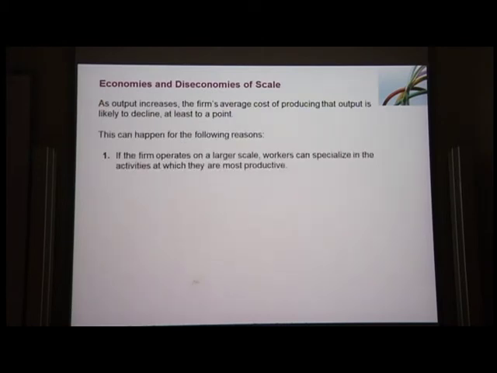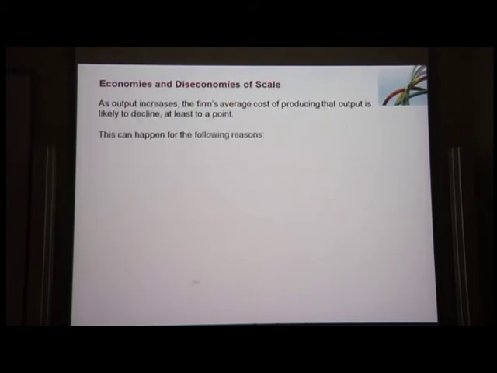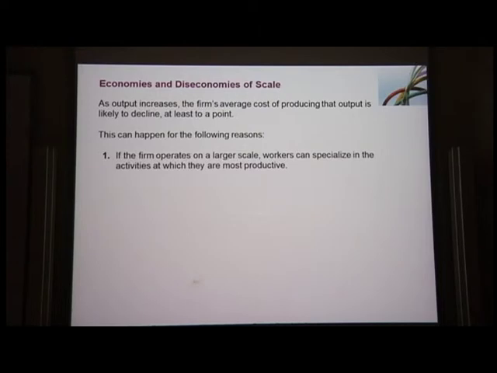Right, so in the long run we've got, and you've also dealt with this last year, but I can test you on certain concepts in the semester test. We're just revising this, and we are again looking at the reasons why we get economies of scale and diseconomies of scale. Now, economies of scale and diseconomies of scale are only applicable in the long run. Now, what do we mean by economies of scale?